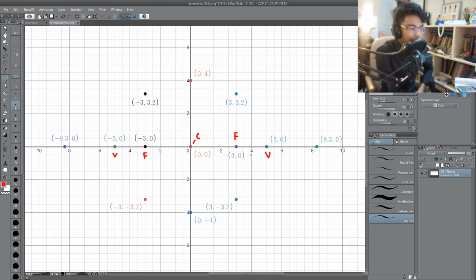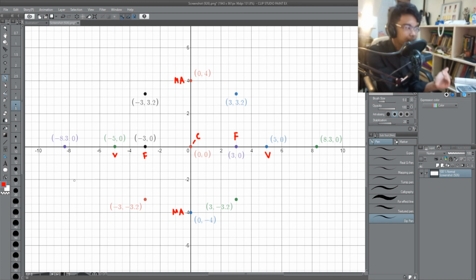Okay, and then the next one is our minor axis. Our minor axis is at 0 and negative 4. So this is one of them, and the other one is this one. And the next thing is the directrix, which I converted, by the way.